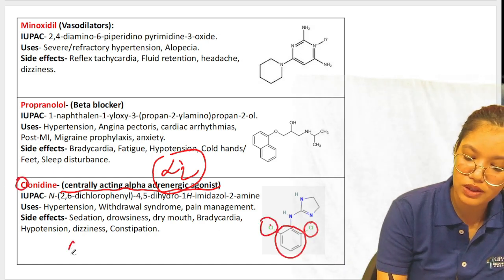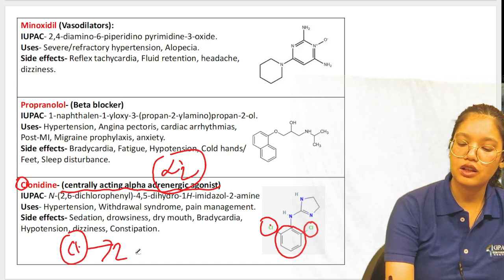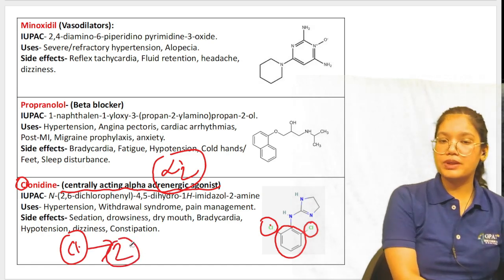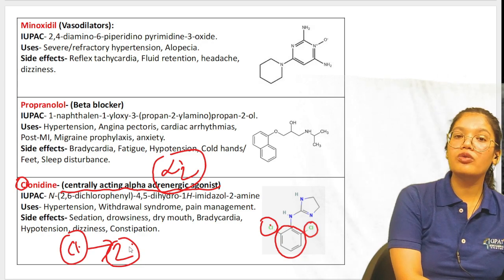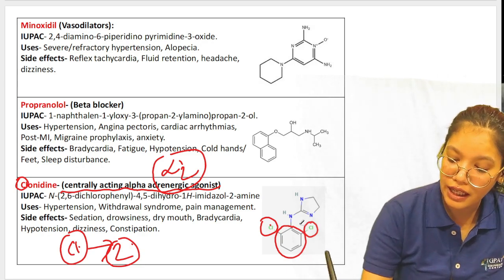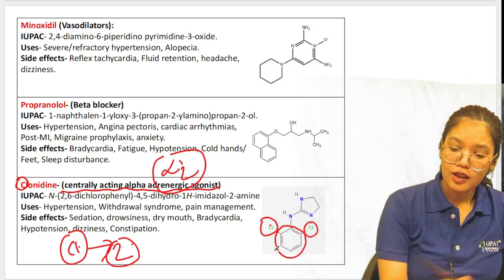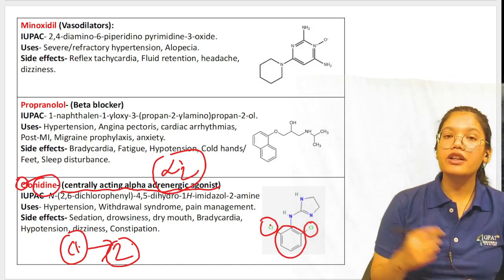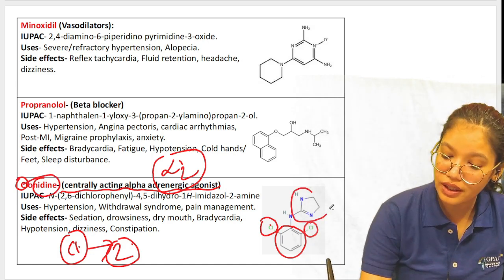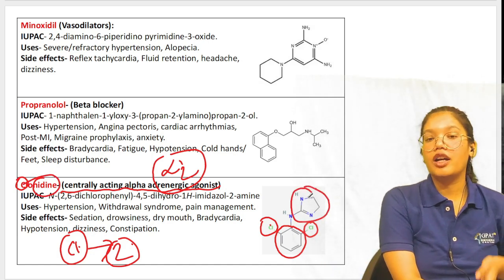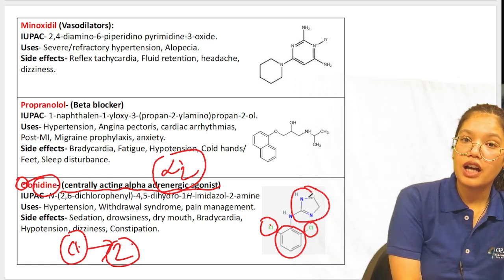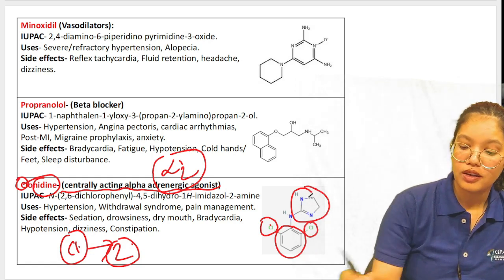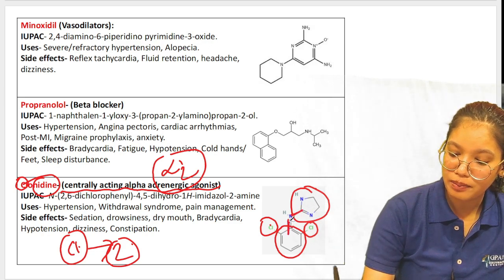So from Cl-Cl, we can remember that it has two chlorine groups in its structure, and these chlorine groups are attached to the phenyl ring. Then from the 'idine' ending, you can remember that it also has an imidazole ring in its structure. So we have an imidazole ring too, that is attached to the dichlorobenzene group with an amine bridge.